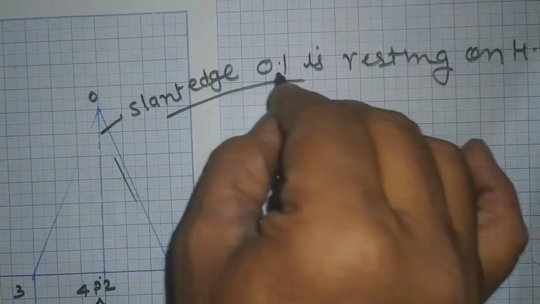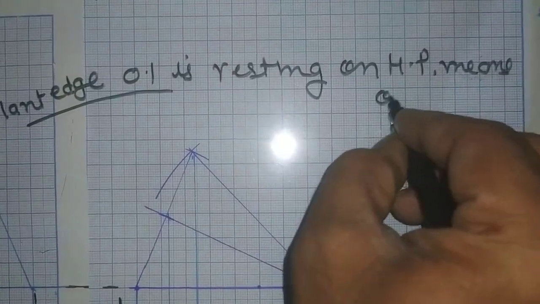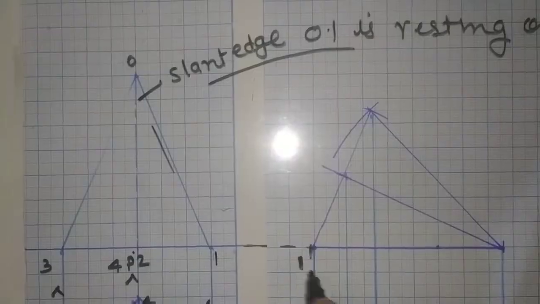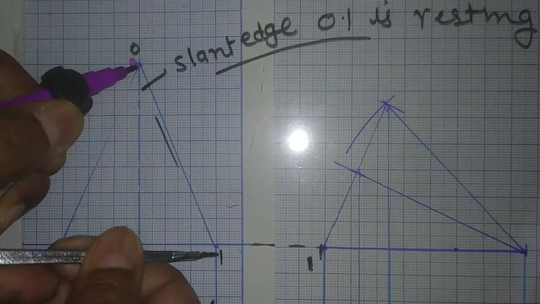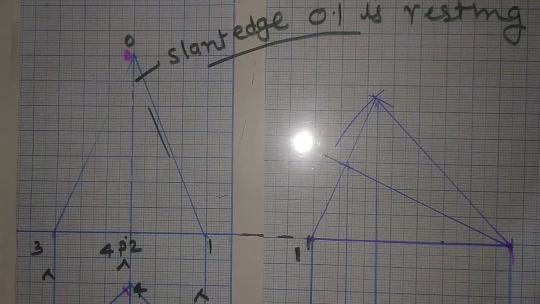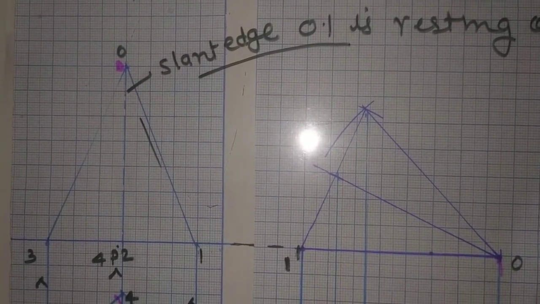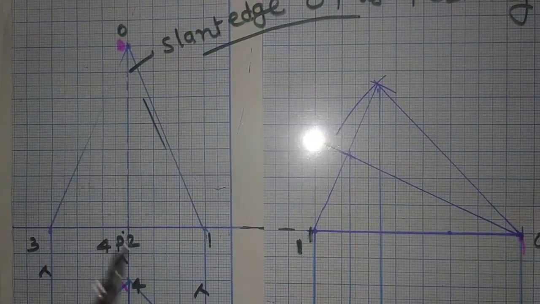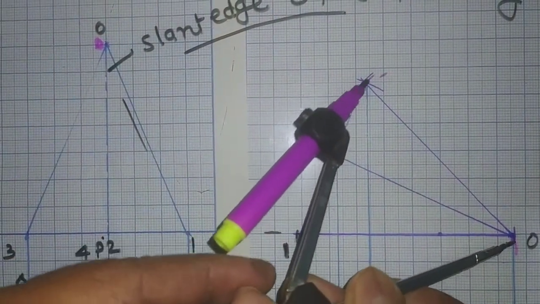This slant edge is resting on HP means on XY. So take a point 1 here first. Take a distance O1. Mark it here. This is a point O. Now we have to complete the triangle. Now this O1 and O3 are having the same distance. Keep the pointer on O, draw one arc.